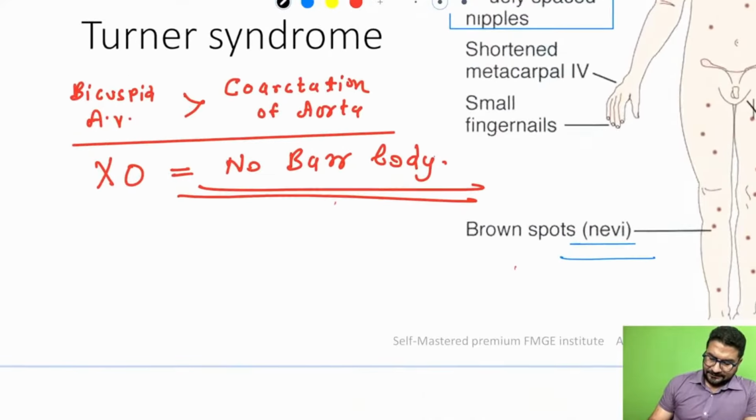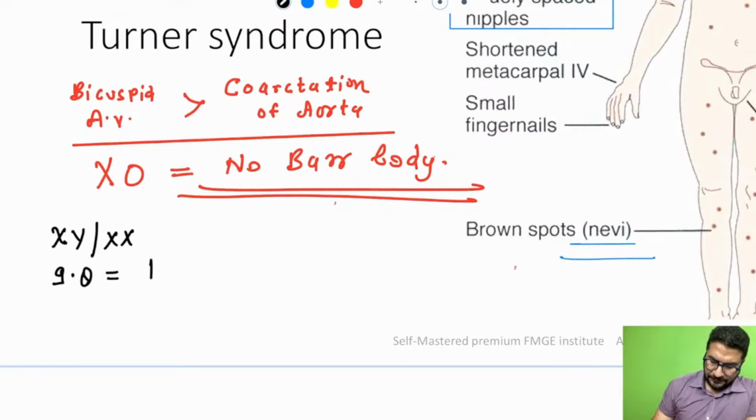Now understand this thing. Karyotype is XY or XX. Right? IQ is low. याद रखना, very very important thing in Turner, IQ is normal.